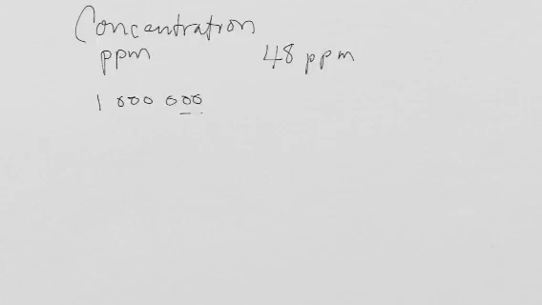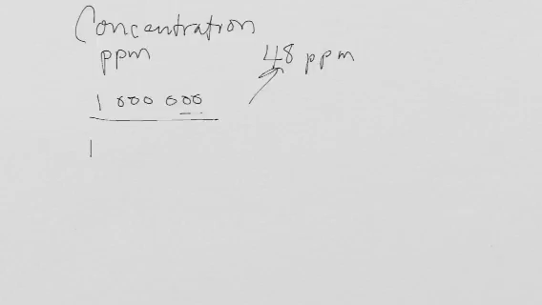What we actually mean is that of my total 1 million units of that substance, 48 of that 1 million will be whatever this is. This is where our equivalencies come into play.